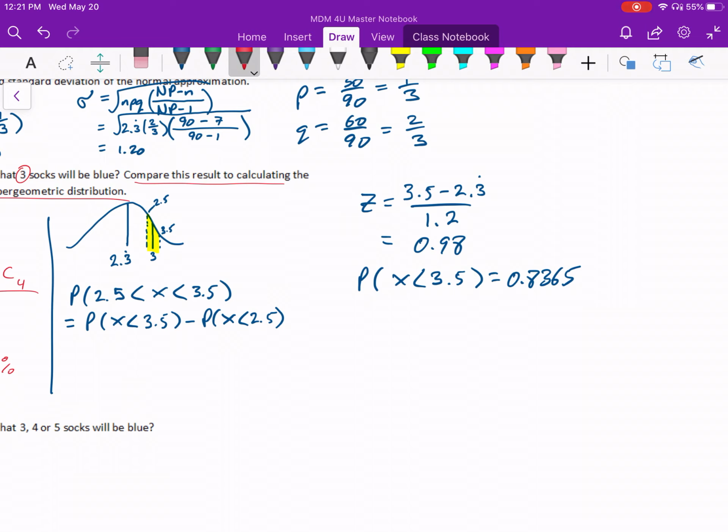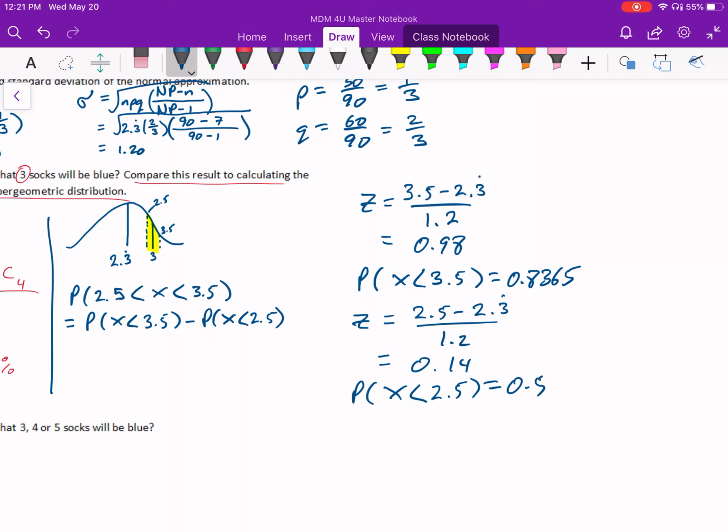Which is what I already wrote here, 0.8365. So anyway, it's meant to save time. And then I have my z-score for x equal to 2.5. That works out to 0.14. Get the probability that goes along with that the exact same way. And it works out to be 0.5557.